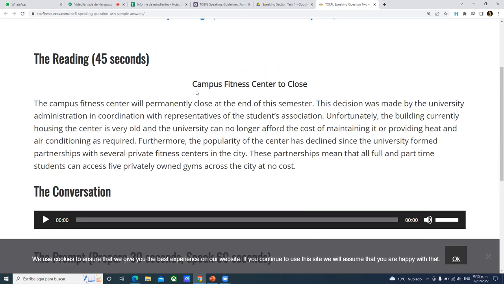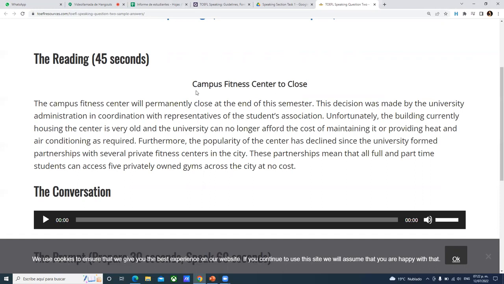The campus fitness center will permanently close at the end of this semester. This decision was made by the university administration in coordination with representatives of the Students Association.